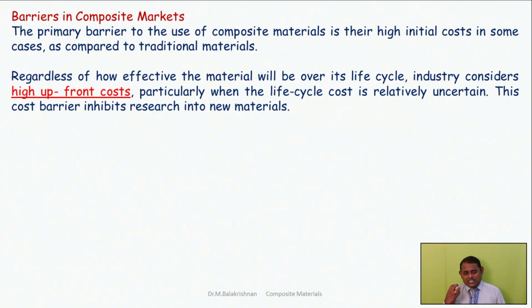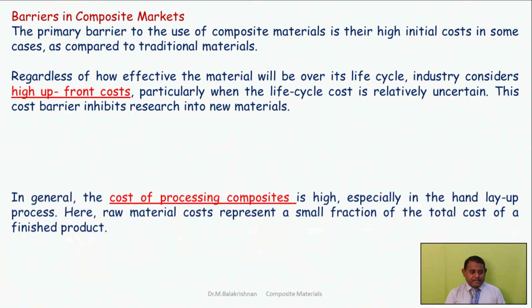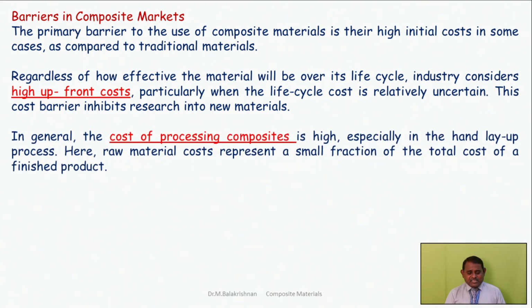Yes, the composite material market is also fluctuating. Because of that, the production of composite material may also go up and down. In general, the processing cost of composites is high, especially in the hand layup process. Here, raw material cost represents a small fraction of the total cost of the finished product.